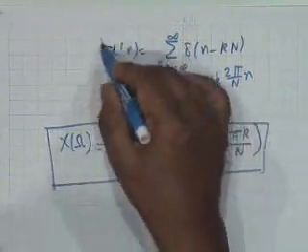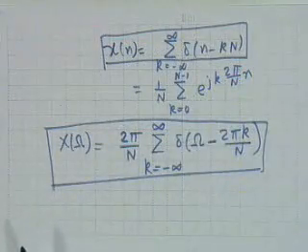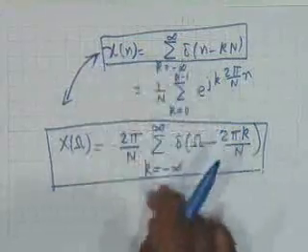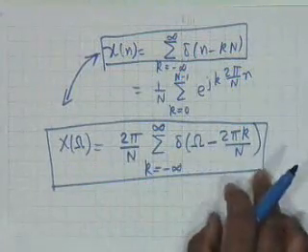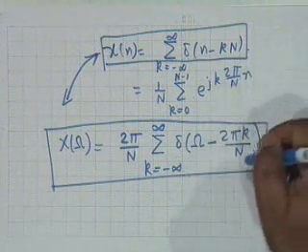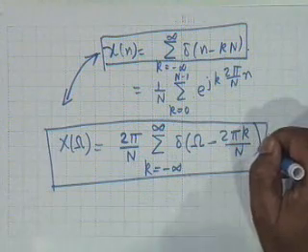All right. This is the great result that we obtain. X of n, which is a chain of impulses in the time domain, transforms to a chain of impulses in the frequency domain. The nature of these impulses is different from these impulses. These are truly impulses in the continuous domain.